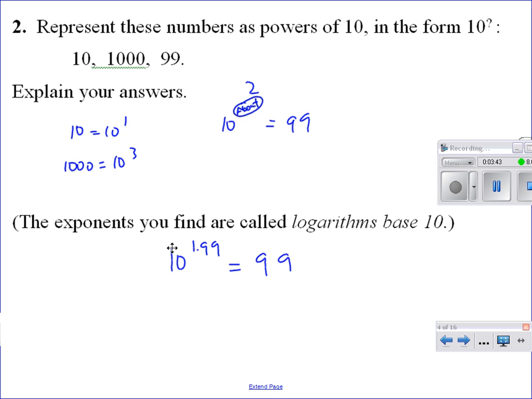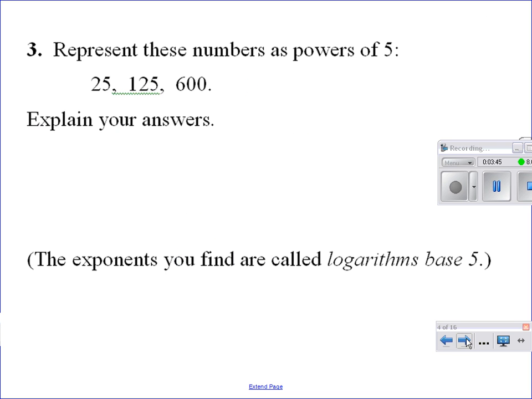And that's how you're going to be thinking about logarithms. So let's go ahead and look at fives. 5 squared is 25. 5 to the third is 125. 5 to the fourth is 625. So 600 is a little bit less than that, so 5 to the 3.9-ish maybe.